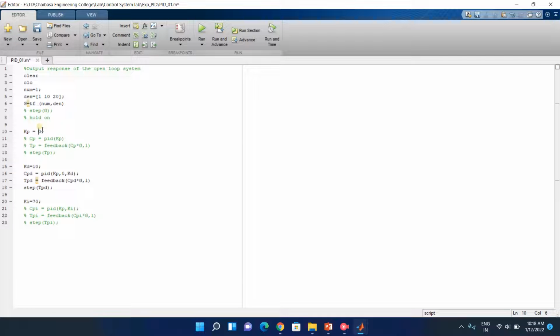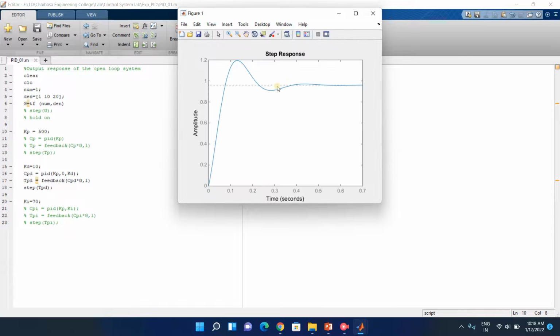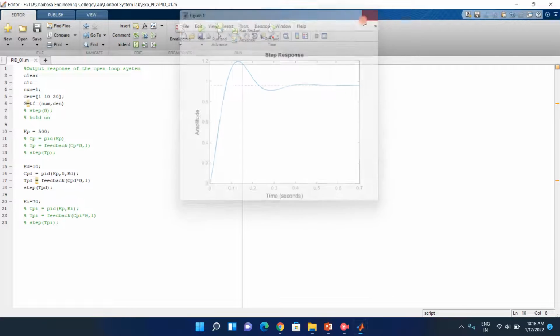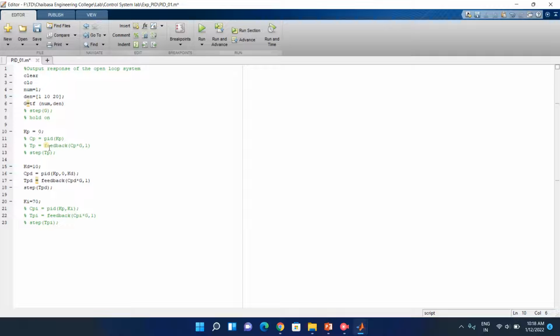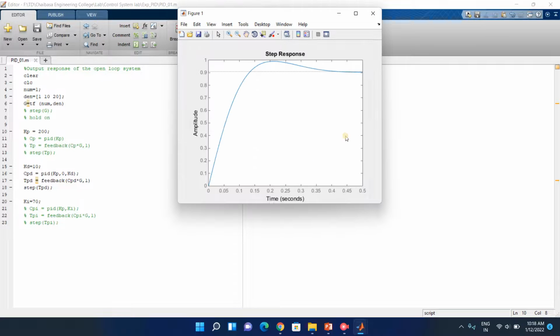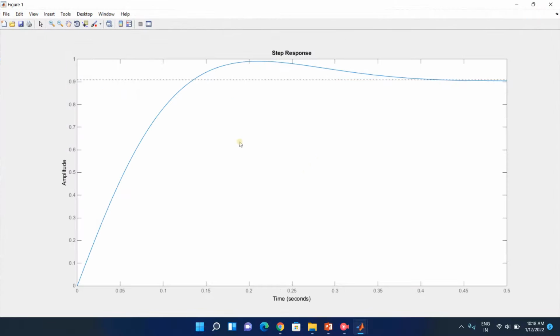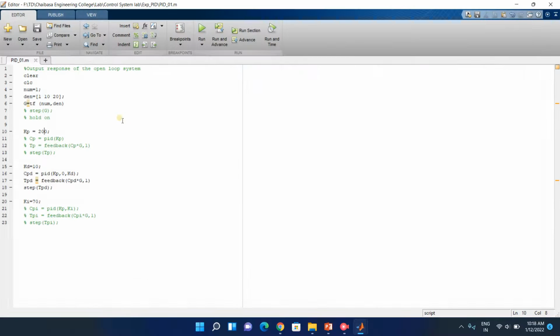So 30 is not enough. If you use 500, then it is reaching something like that. We can also reduce it to suppose 200. Let us see what happens. There also we can see, but the settling time is taking about 0.5 seconds. So let us keep it as 500.